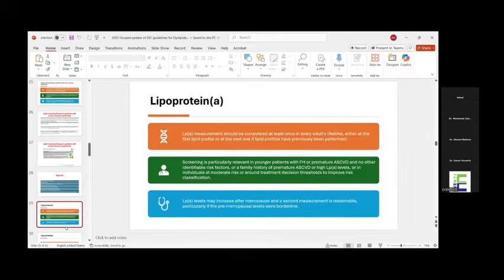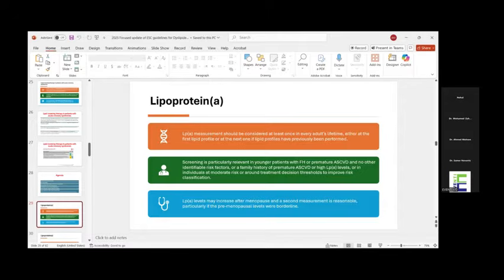We also have a new recommendation on lipoprotein A. Lipoprotein A should be measured at least once in every adult lifetime, either at the first lipid profile or at the next one if the lipid profile has previously been performed.